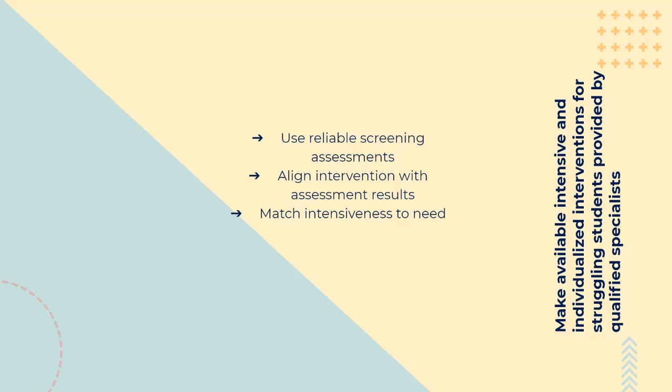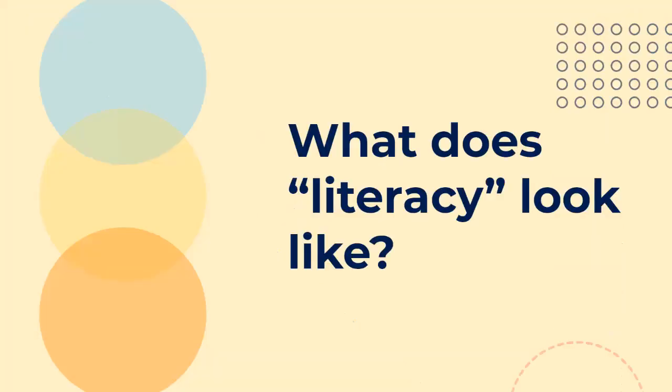So it's always a balancing act, and we want to think about how intense the need is, and then we match the intensiveness to the need. So we don't want to go too far one way or the other. We want to make sure that our students that are really, really struggling also have all of those supports in place that they need to be successful.